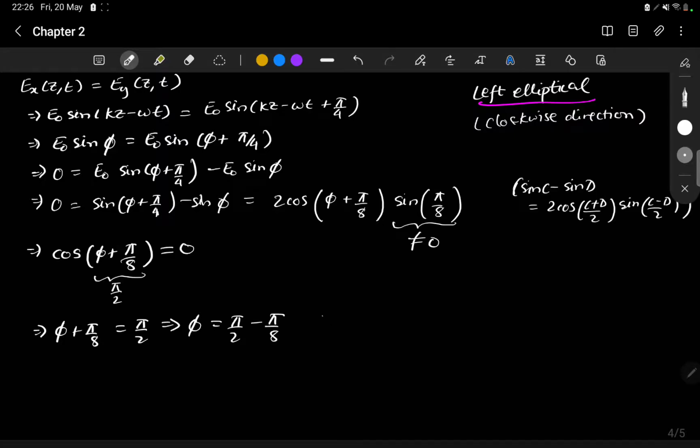Similarly, this is the phase for the end point of the major axis. The minor axis would be pi by 2 shifted from this.